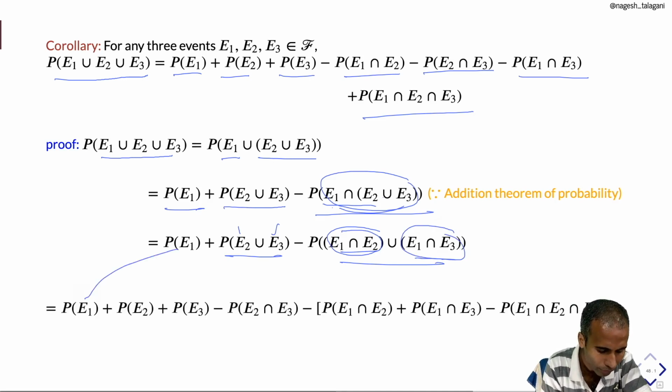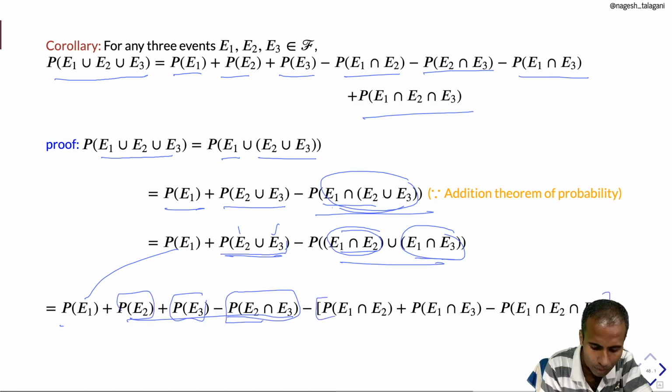The probability of E1, as it is, I wrote. The probability of E2 union E3 I am replacing with the addition theorem of probability for E2 and E3: probability of E2 plus probability of E3 minus probability of E2 intersection E3.